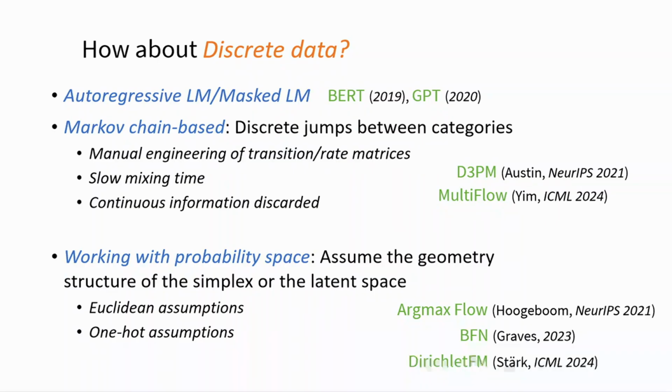We could also continuize the space: if you're working in the probability space, like the probability simplex, we can consider that a continuous space, and try to design flow matching or diffusion models to utilize the properties of the probability space.